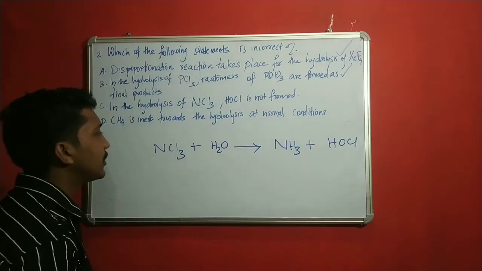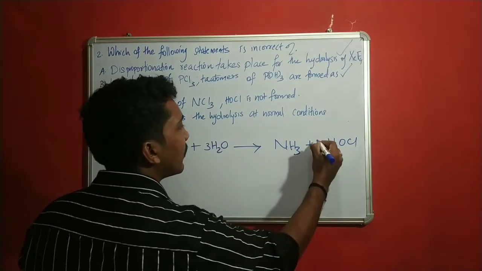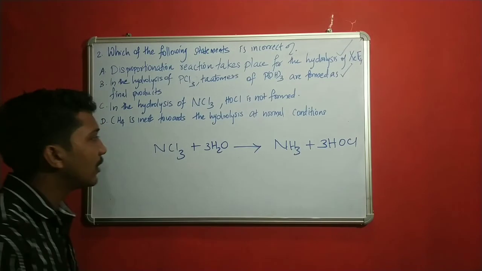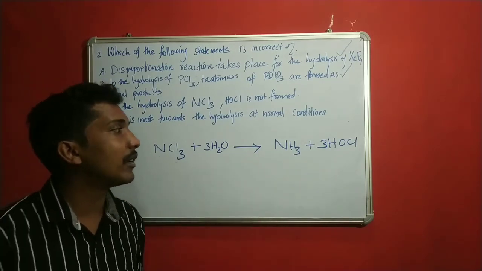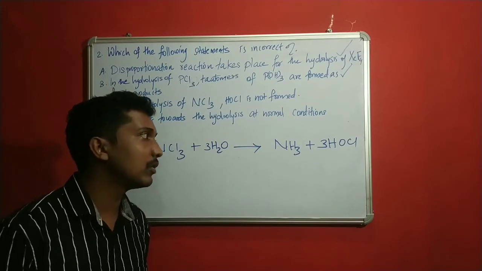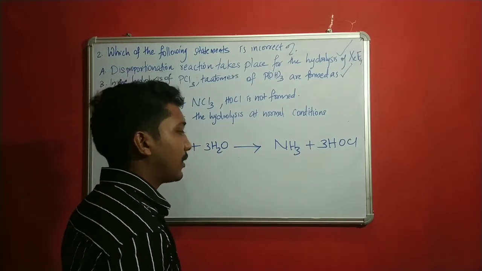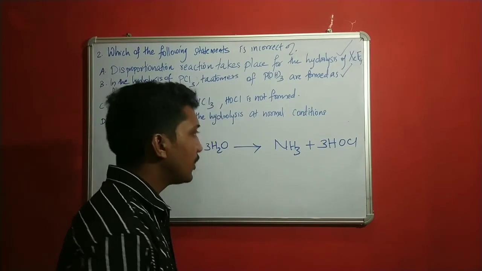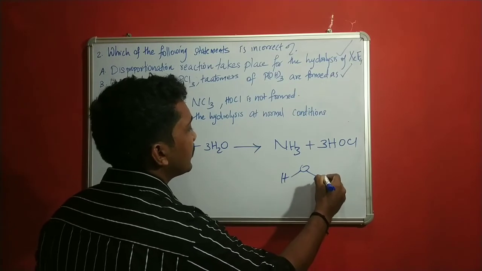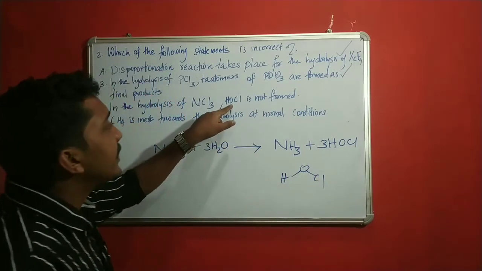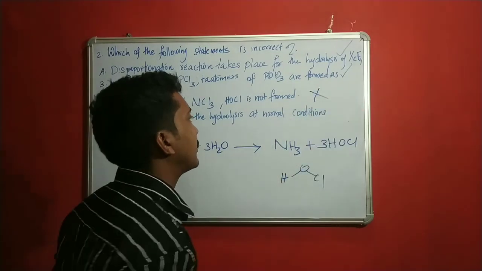To balance this equation, let's put 3 here, 3 here. So 1 mole of NCl3 will give 1 mole of ammonia and 3 moles of HOCl, hypochlorous acid. So our option C says HOCl is not formed, so this option is incorrect.